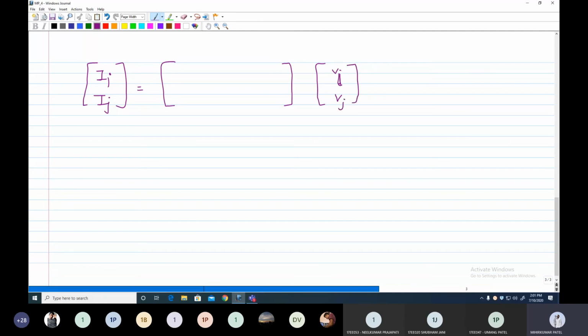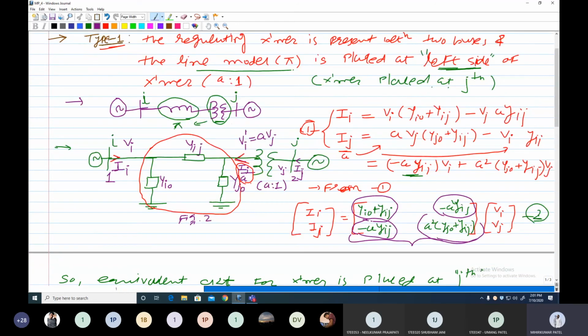Yes, you can refer to this. What will be the change in my Y bus matrix? See equation 1. What will be the change in equations 1 and 2? Oh, sorry, equation 1 for currents I1 and I2. What is the change if I just place the transformer at the ith bus?